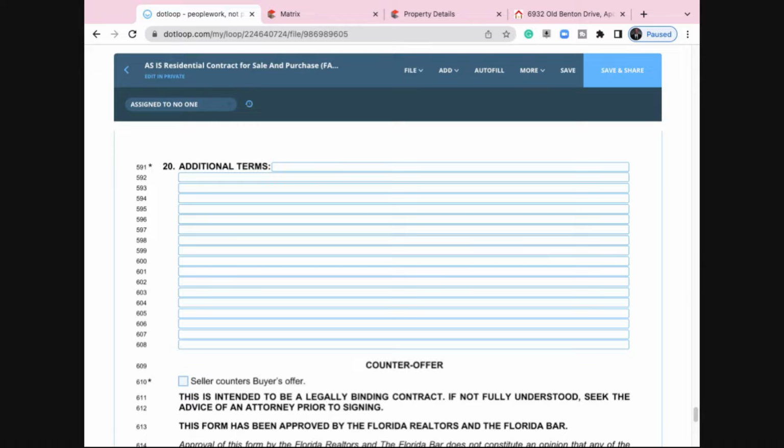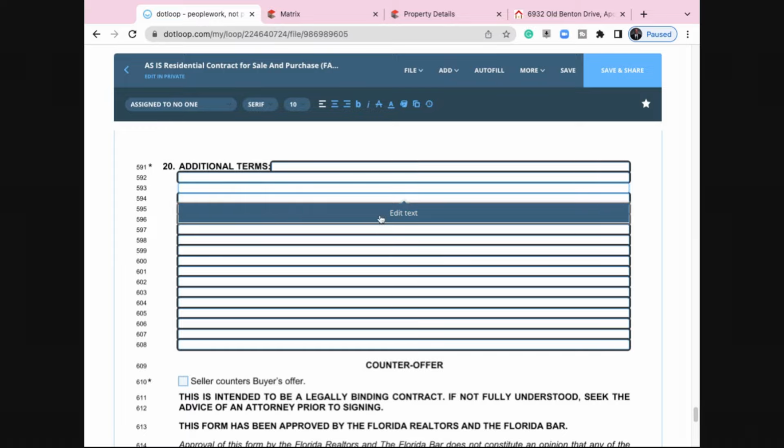Do I need to write into the contract any closing costs or any type of special condition on behalf of the buyer? Most common is that, yeah, they really would need the seller to contribute 5,000, or X amount, toward closing, and that's where you would type it in here.